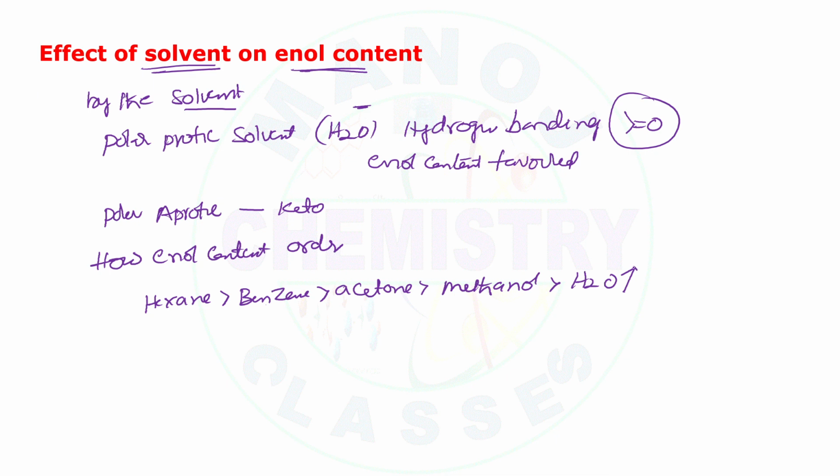In water, enol content will be more, whereas in hexane, enol content will be less, which indirectly tells that keto content will be more. So this is the order of the solvents: hexane, benzene, acetone, methanol, and water.